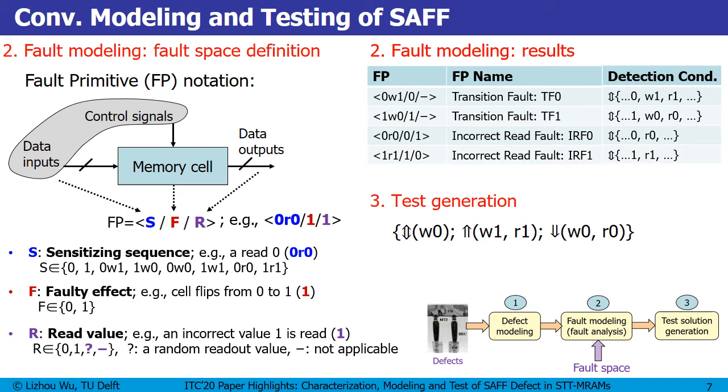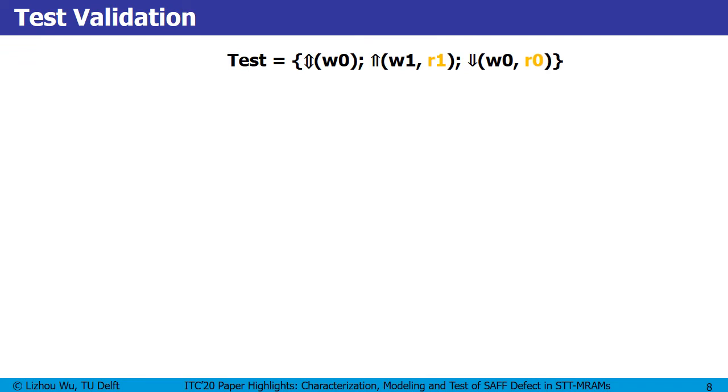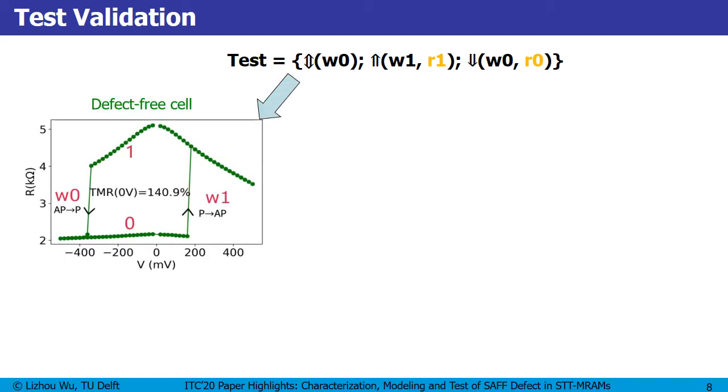Now the question is, can we really use this March test to detect the SAFF defect? Well, we found the answer is no. We applied this March test to a large STT-MRAM array. For a defect-free cell, we can see the state starts with 0, then after a write 1 operation, it goes to state 1, then it goes back to state 0 with a write 0 operation.